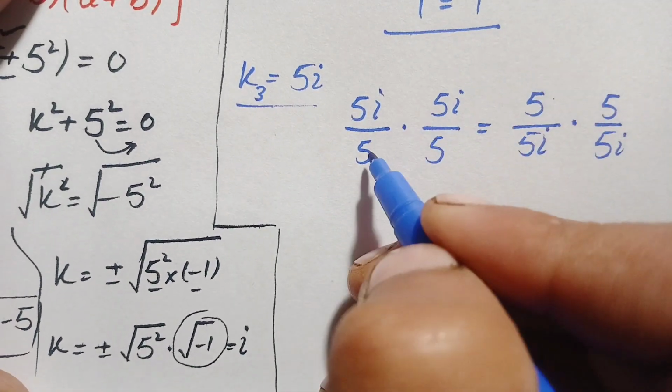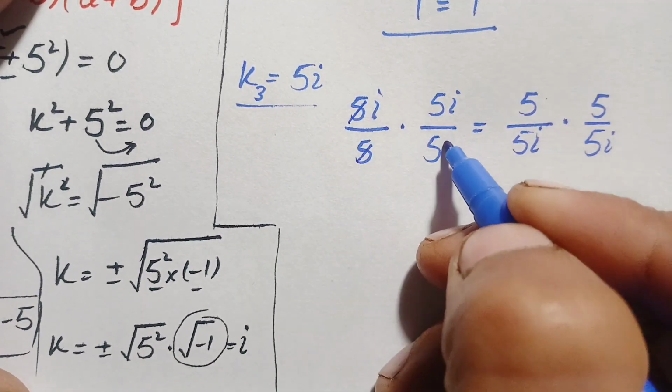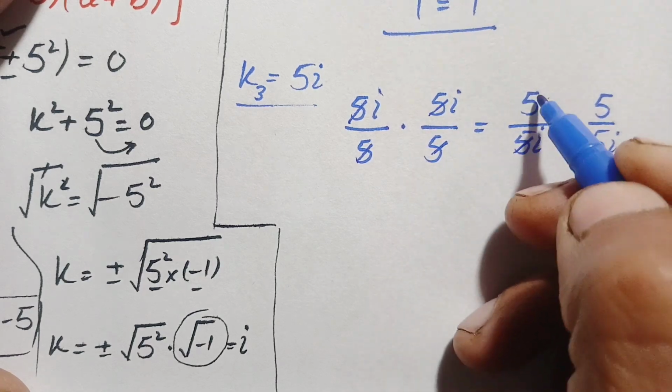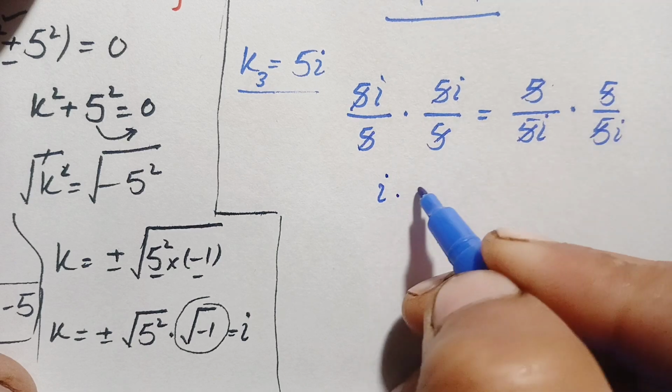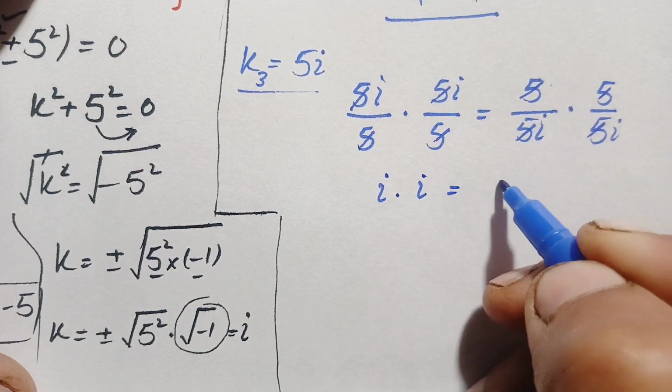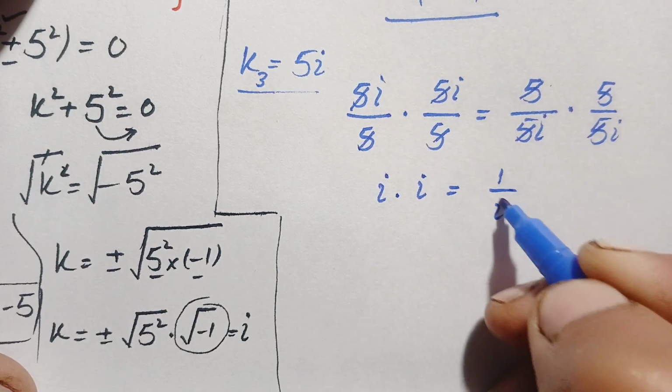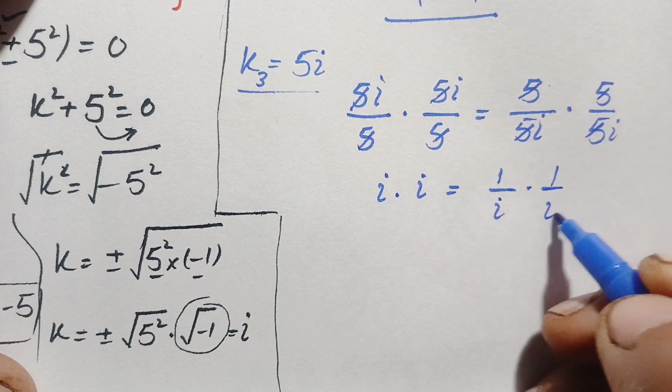Now here we can cancel this 5 with this 5 and this 5 with this 5. So this will become iota times iota is equal to 1 by iota times 1 by iota.